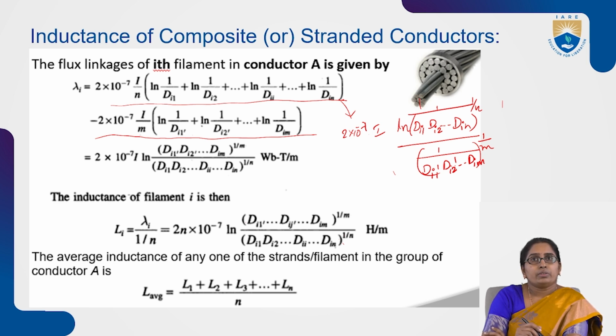Now the average inductance, because this is a group of conductors, so the average inductance is considered. So the average inductance of any one of the strands or filaments in a group of conductor A, that is L average, which is given by L1 plus L2 plus, and so on, Li plus Ln, so in between Li is also there, overall divided by n.